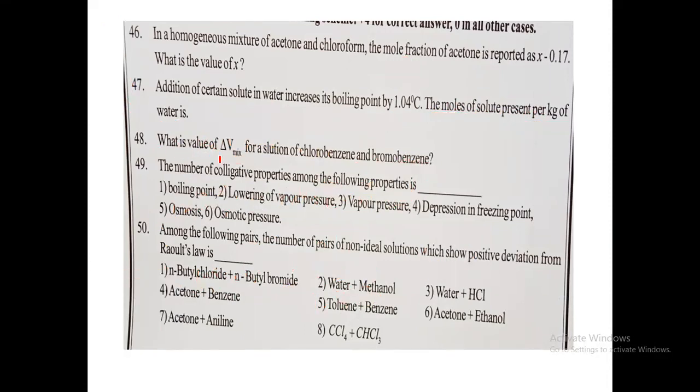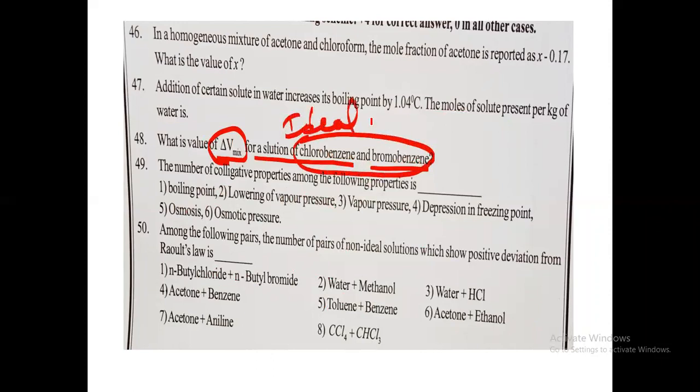Next, what is the delta V mixing when you mix two liquids to form an ideal solution, for a solution of chlorobenzene and bromobenzene? Chlorobenzene and bromobenzene will form an ideal solution. Whenever an ideal solution is formed, delta V mixing is 0.